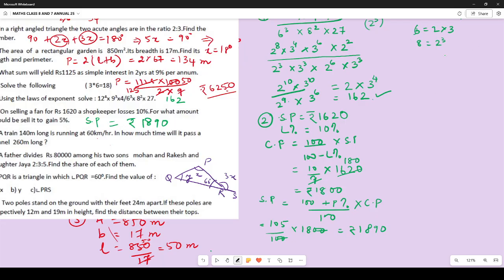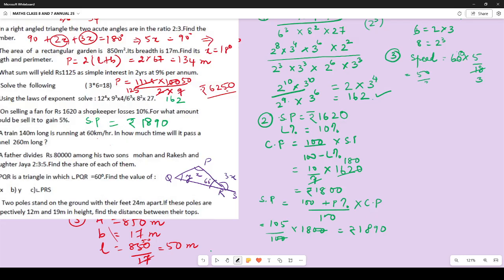So what we do first and foremost is we take the speed and we change it into meters per second. So you know how do we change it into meters per second? So speed is equal to 60 into 5 by 18, right? 5 by 18. 6 3s are 6 10s are, so this is 50 by 3 meters per second is speed.